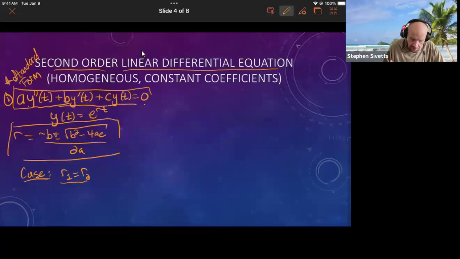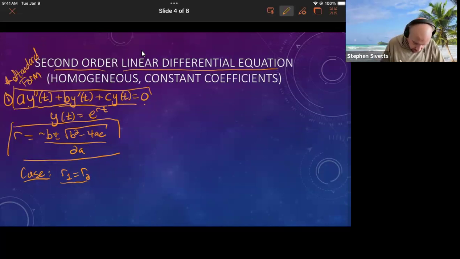This is going to be a little bit of a challenge because not only do we want a set of solutions, we also want no commonality between those two solutions. So we're going to have to add on this extra case where the set of solutions are independent. They're functions that are not generated by a scalar multiple of another.